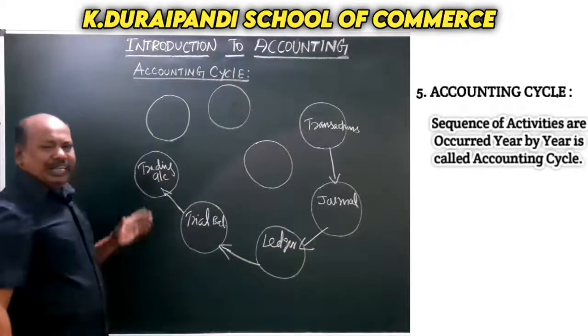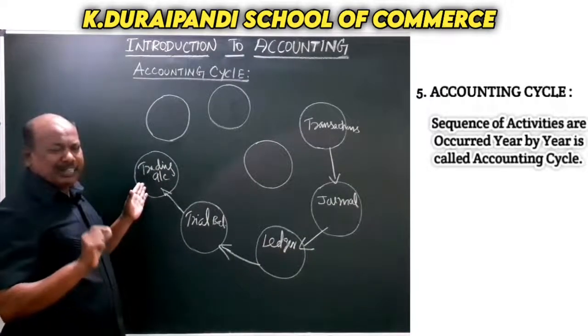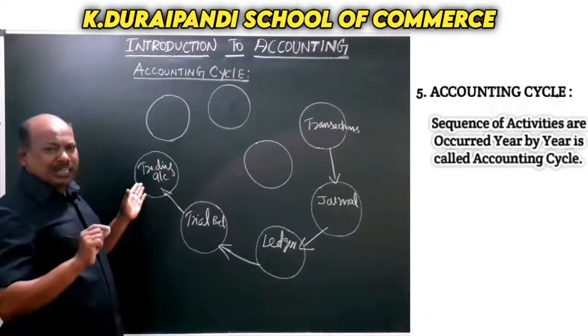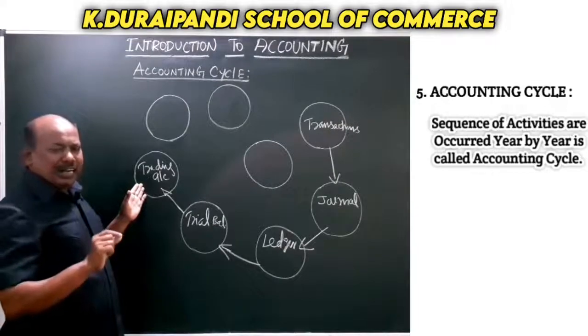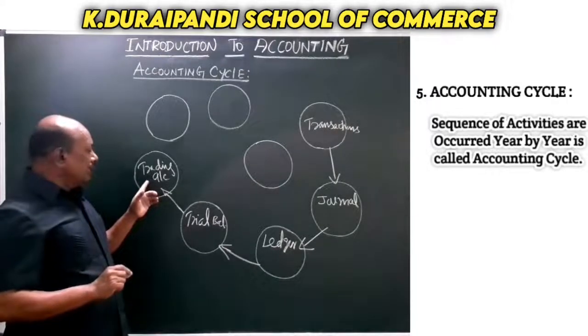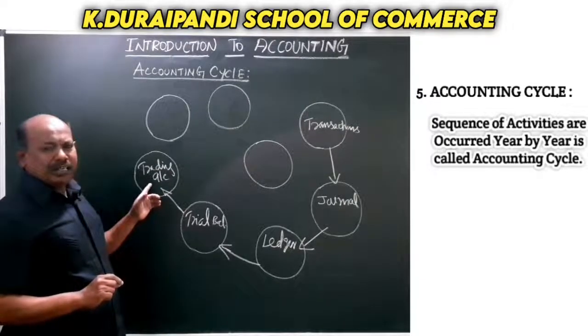Trading account is related to the trade expenses and trade income, that is opening stock, purchases, other direct expenses like that, closing stock and sales. These are all items appearing in the trading account. It gives either gross profit or gross loss.